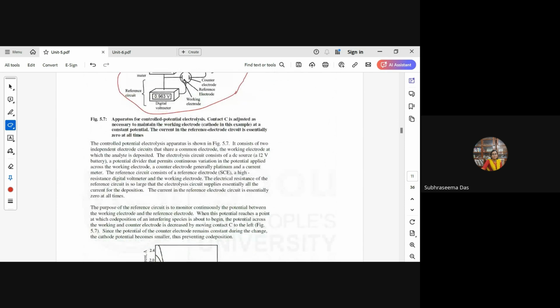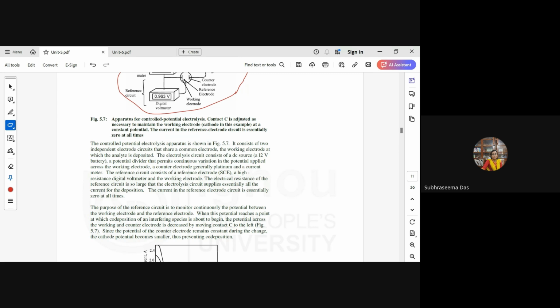Controlled potential electrolysis consists of two independent electrode circuits that have a common electrode, the working electrode, at which the analyte is deposited. A DC source is provided, and a potential divider allows variation in the potential applied across the circuit.